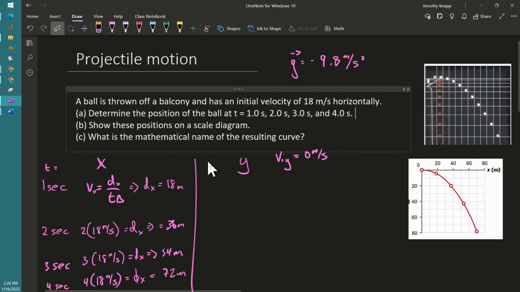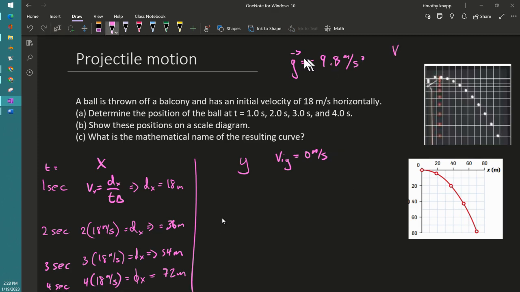Well, knowing from my kinematic equations, I've got a formula that says delta d, or change in position, is equal to the initial velocity times the time plus 1/2 acceleration times the time squared.